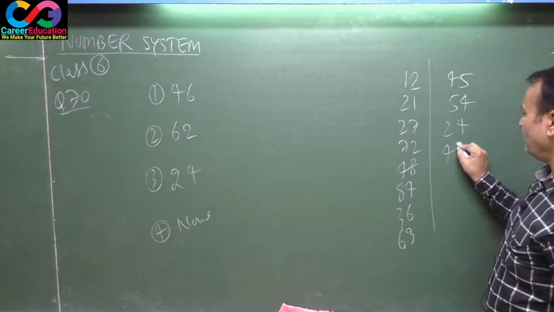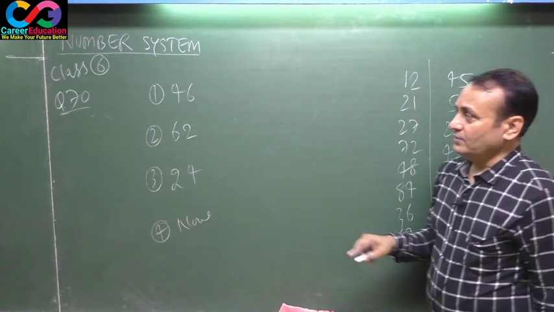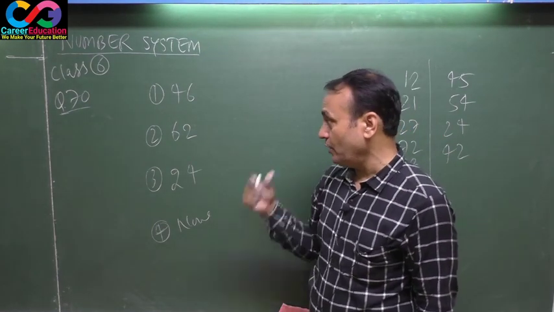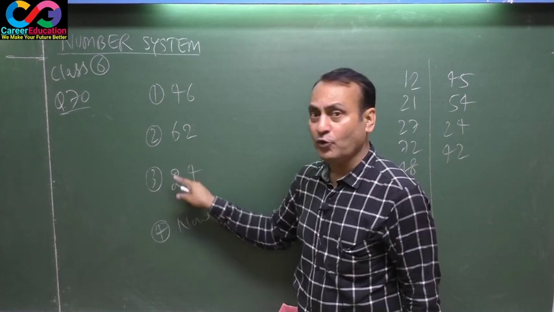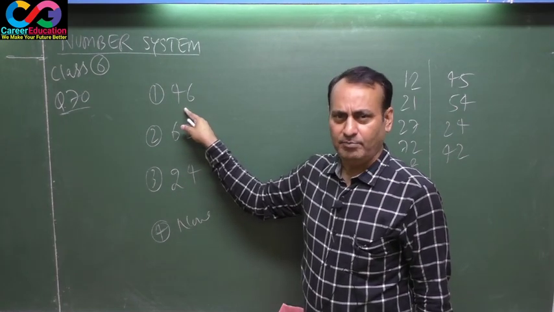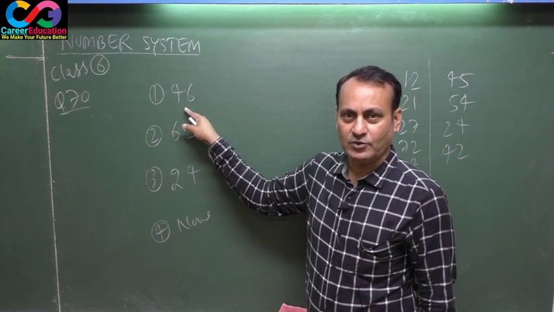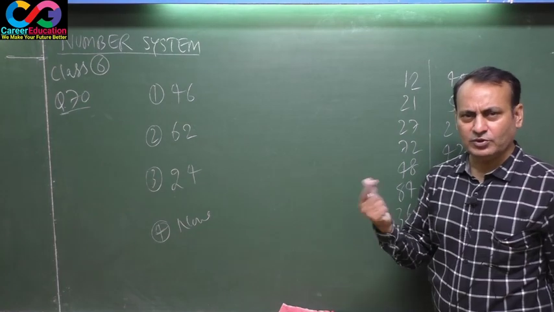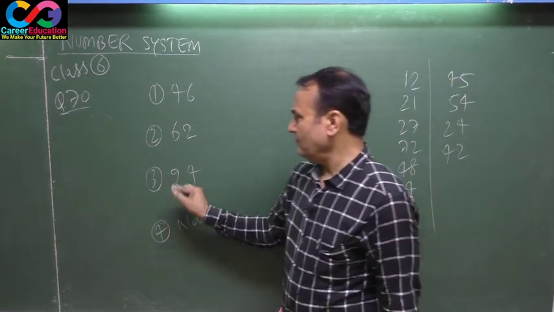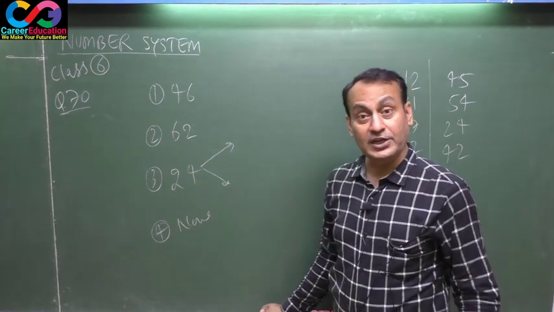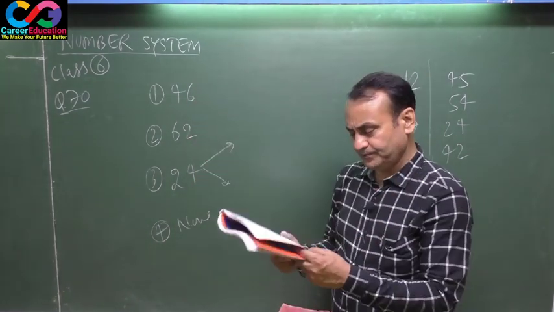If you remember these numbers in your mind, certainly through guessing you are accepting 24 first. 46 never may be the answer. You have to think about that. The answer must be from these numbers. So you guess here, 24 may be the answer among them.